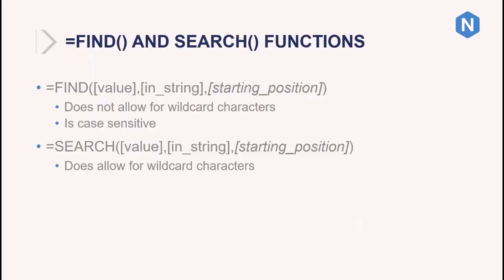So here I could say find D star R, and it would find door or drawer because both start with a D and end with an R, and it's going to find that string inside of there. So for the value, you can actually leverage wildcard characters if you want to. I'm not going to talk in depth about wildcard characters. That's a little bit beyond what I typically use for this, but understand you can do that, whereas in find, you cannot do that.